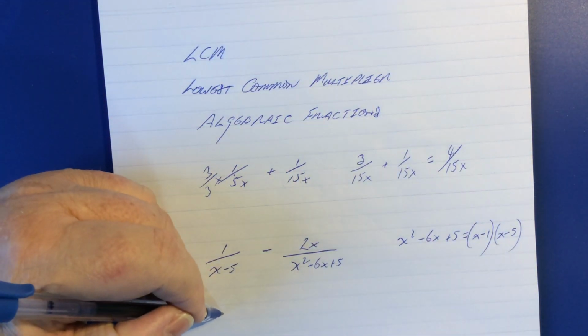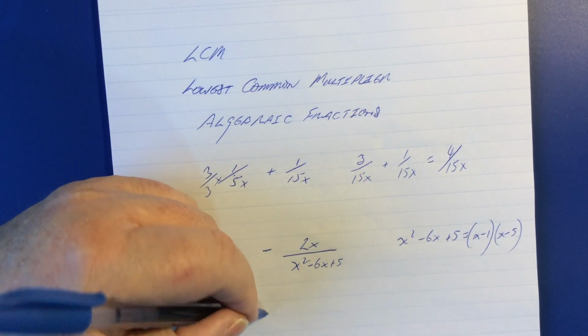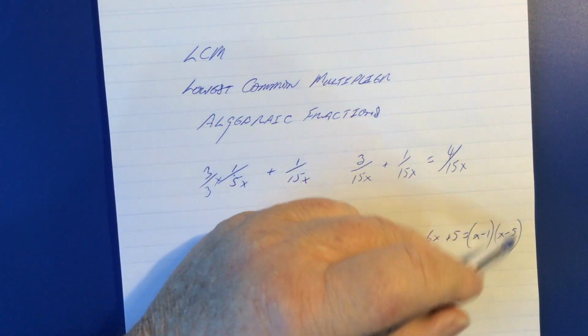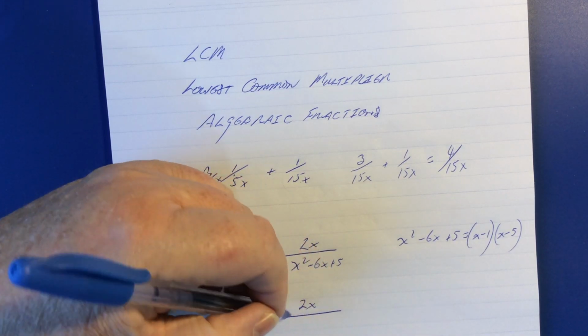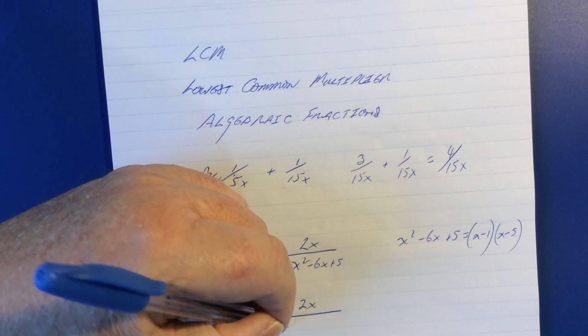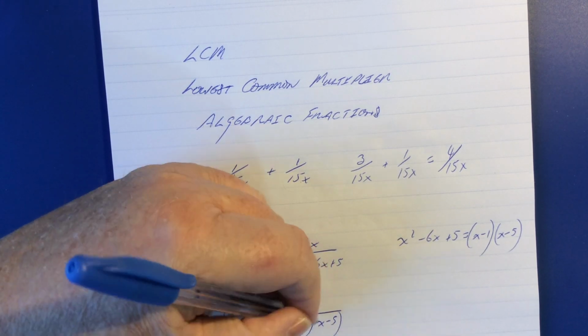Okay, so let's rewrite what we've got, but with this factorized form as a denominator. Why can't I say denominator today? Okay, x minus 1, x minus 5.